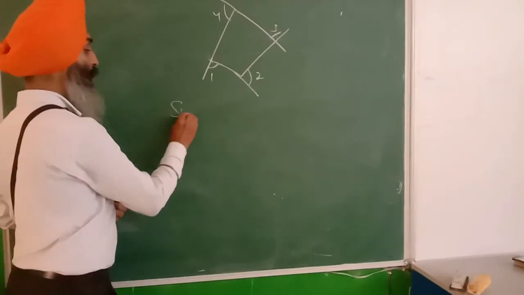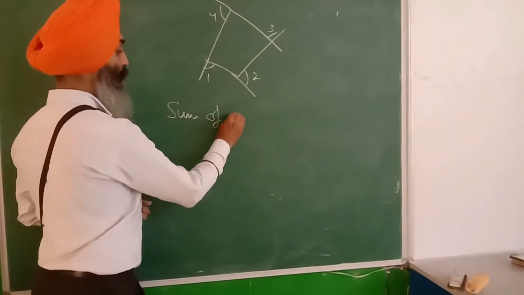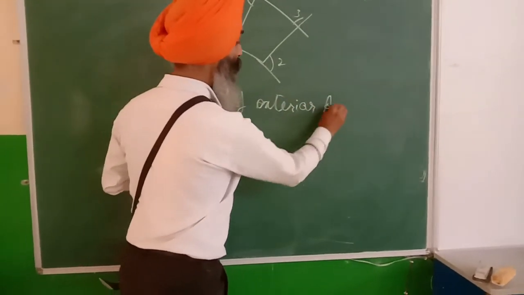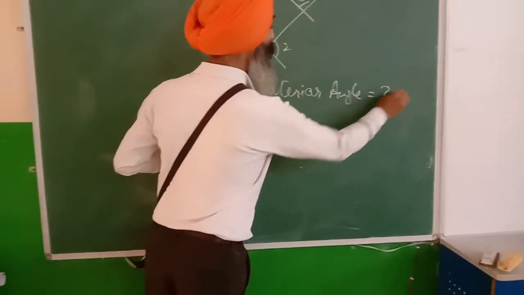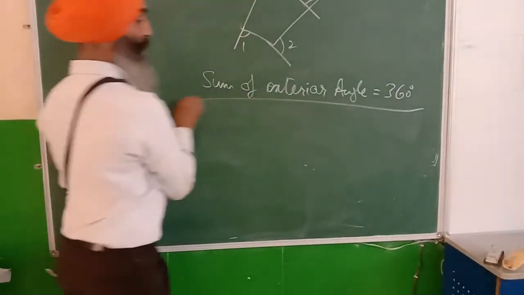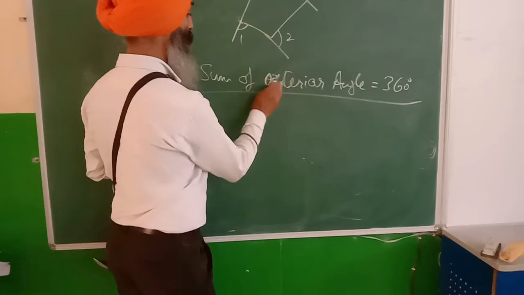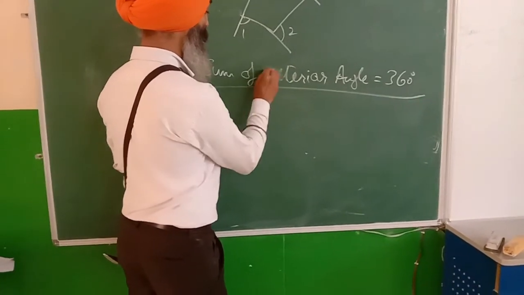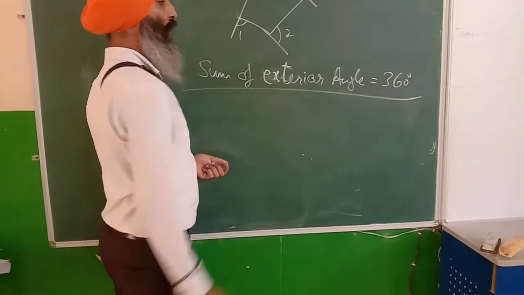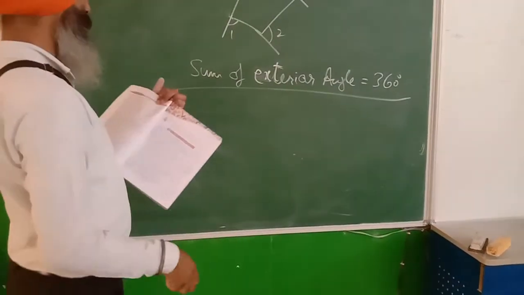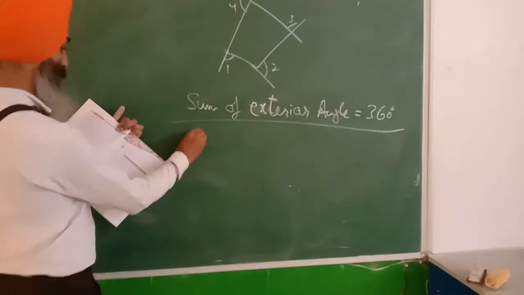The sum of all exterior angles will always be equal to 360 for all polygons. Always. The sum of all exterior angles will always equal 360.